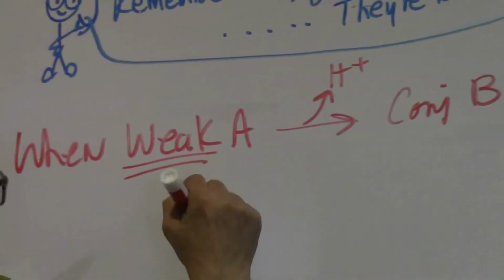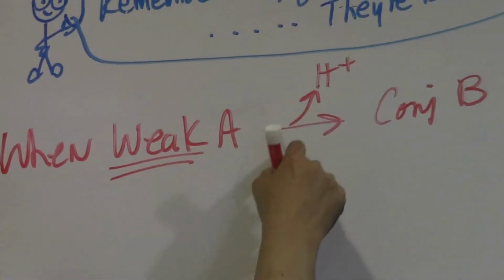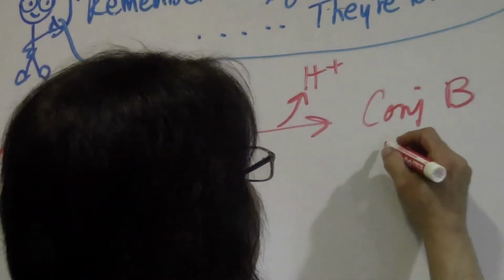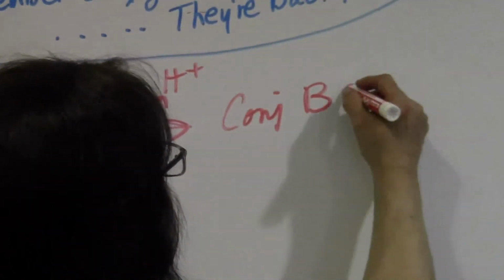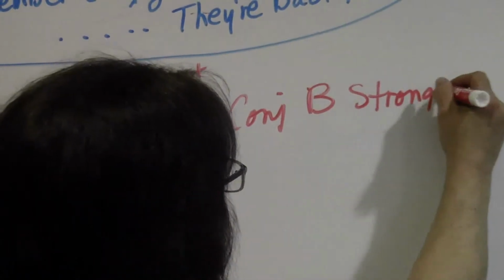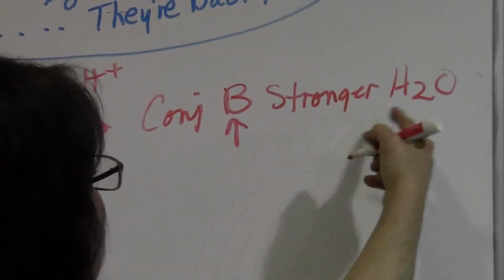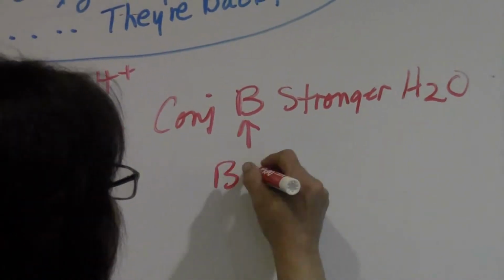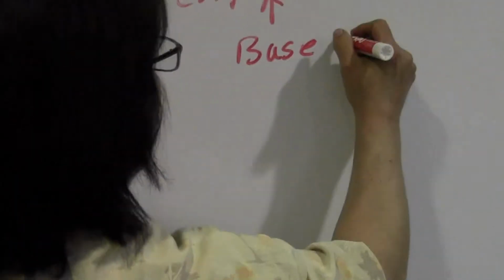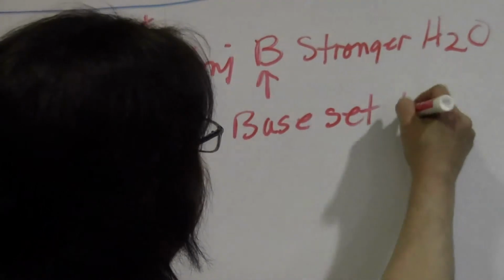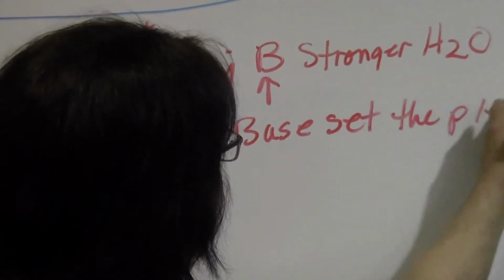The new layer is when a weak acid loses a hydrogen, then the conjugate base will be stronger than water. So if this base is stronger than water, then the conjugate base is what's going to set the pH of the solution.